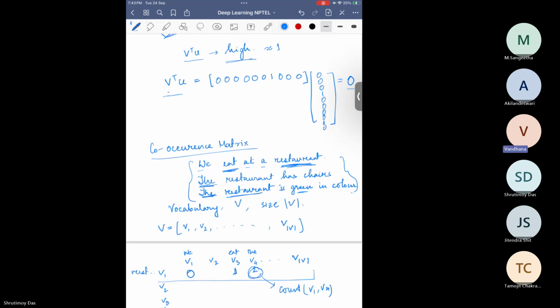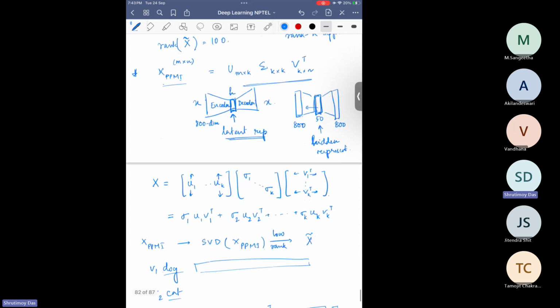Can you also explain the relation between SVD and word2vec? Okay.